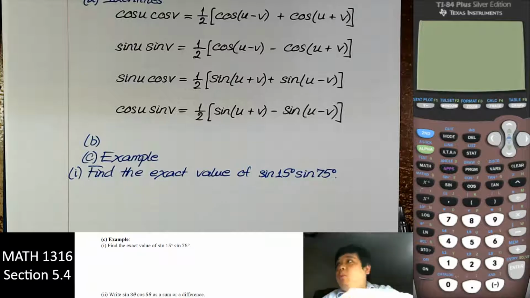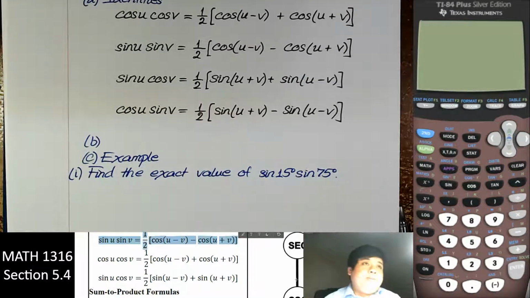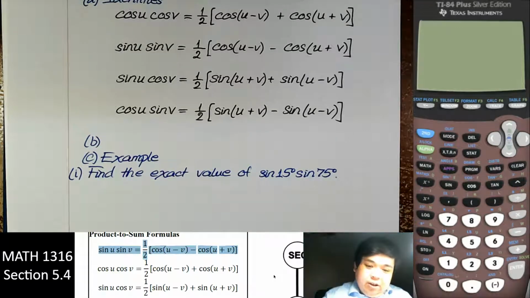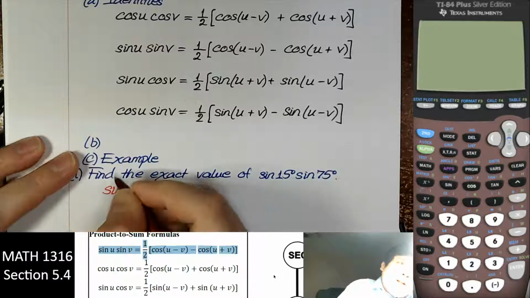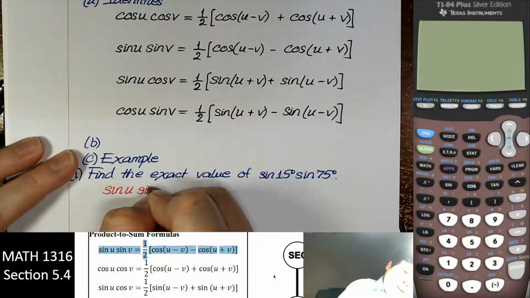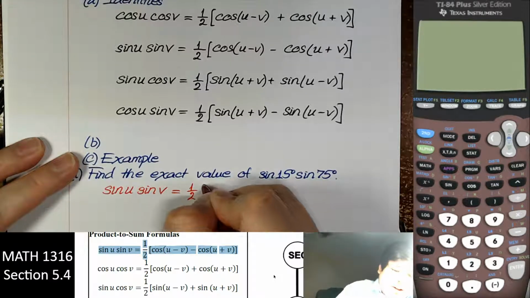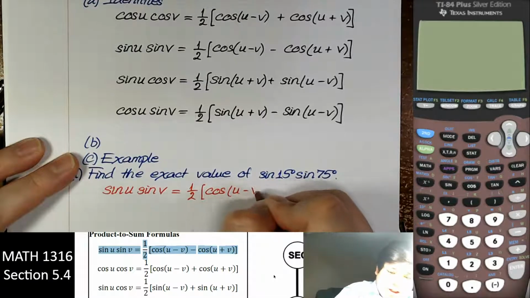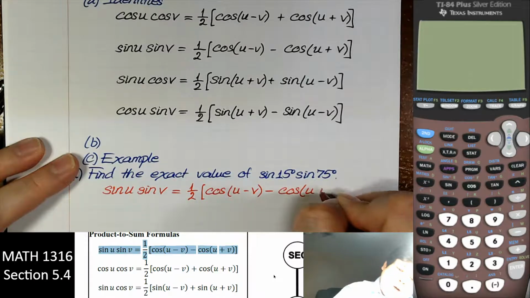So I'll put the formula for product to sum here. That formula is over there. So we have a sine times a sine is 1/2 cosine of u minus v minus cosine of u plus v.